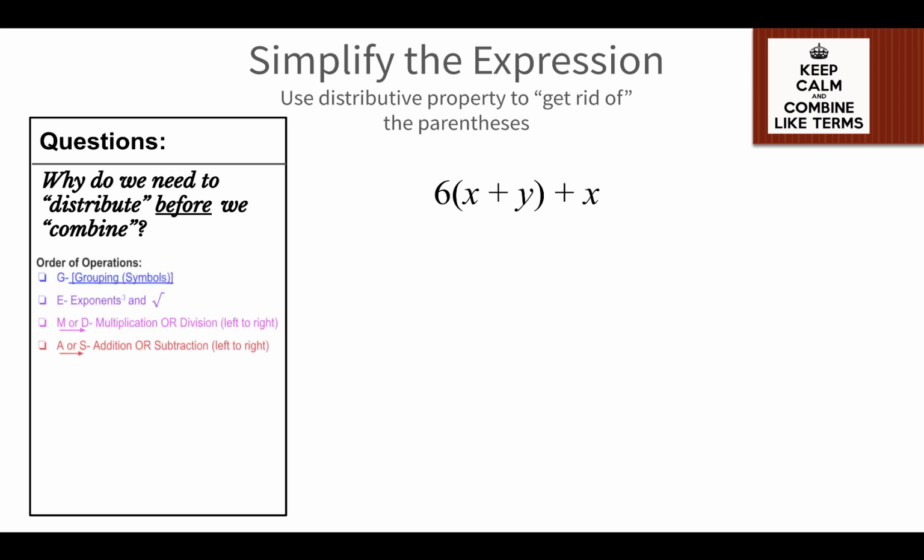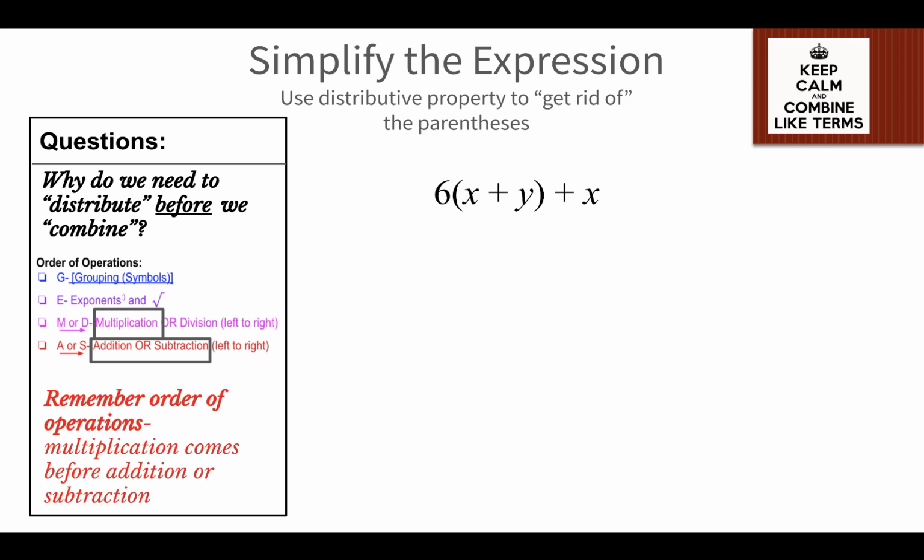Order of operations is always following us, it's been in a lot of our lessons, and we need to remember that multiplication, which is what is involved in distributive property, comes before addition or subtraction, and that's involved when it comes to combining like terms. So we're going to remember order of operations. Multiplication comes before addition or subtraction.